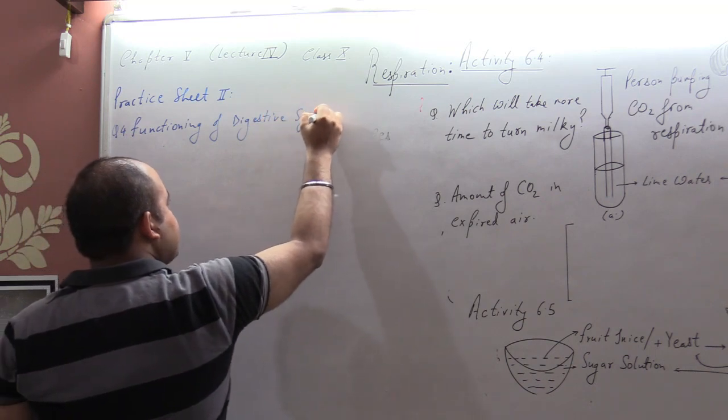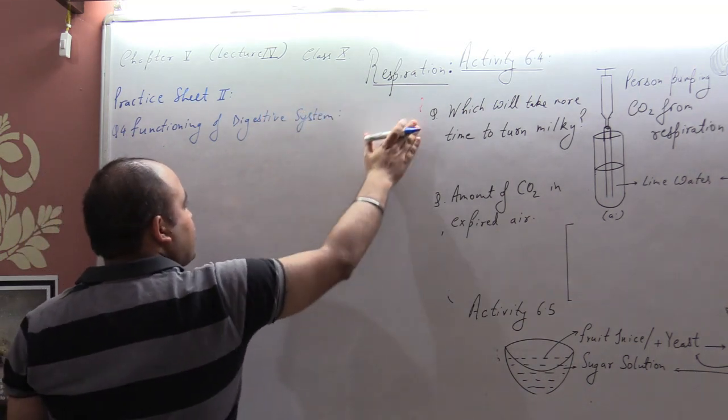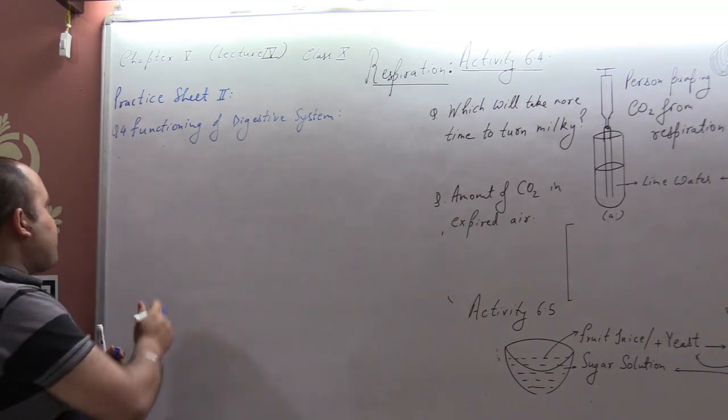The simple functioning of the digestive system is to convert the complex molecules into simpler ones.